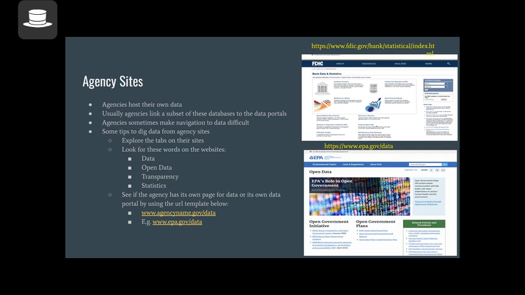So here are some tips, I apologize, here are some tips about how to dig data from agency sites. The first thing is to get familiarized with the data site itself, the agency's data file itself. Look at the different options there, explore the options, get to know the agency website.